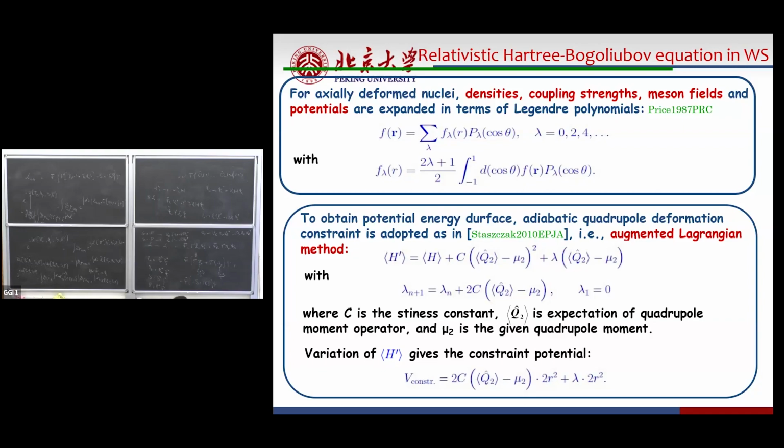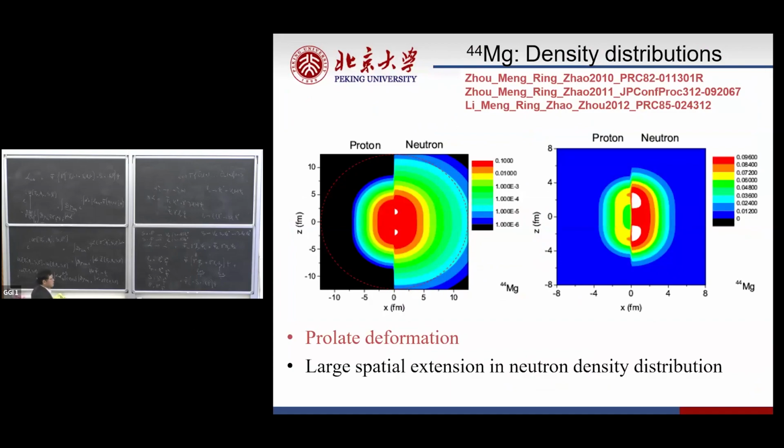You put in a Lagrangian multiplier, and for example, we constrain the quadrupole deformation. We put the terms here, then gradually we can get the solution for all the deformation. In such a way, we can make sure we found the ground state properties.